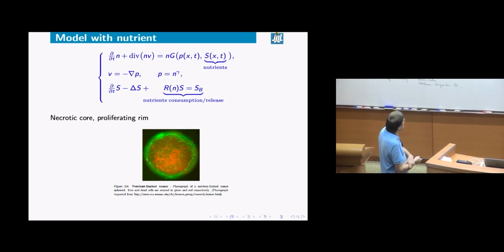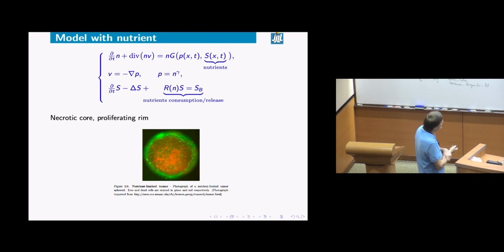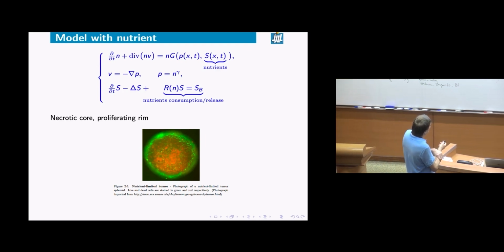What you should observe from that is what you see experimentally in a tumor: in the middle you have necrotic cells. These are dead cells in the middle.